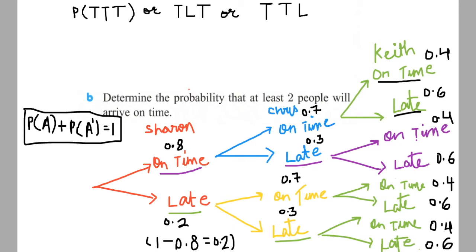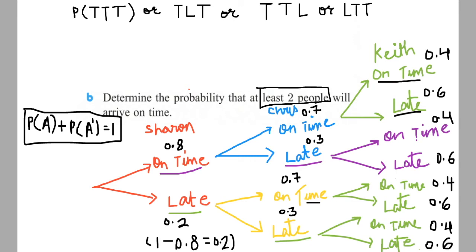Now let's have a look at the second branch, which is when Sharon gets late. So Sharon gets late, Chris is on time, and Keith is on time. This covers all the scenarios in which at least two people will arrive on time.